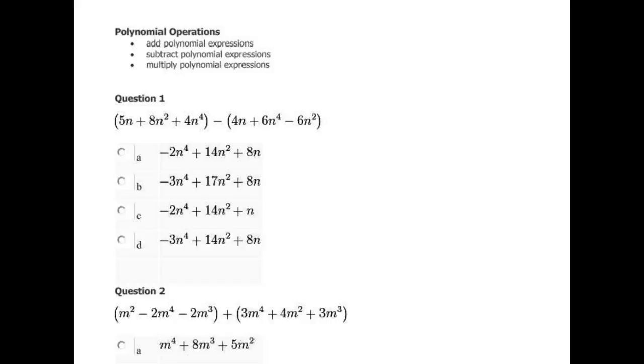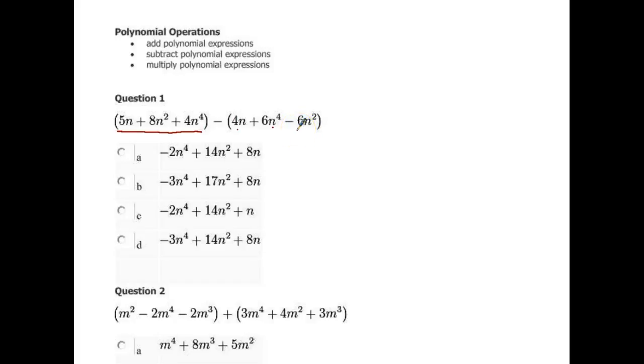You have 5n plus 8n squared plus 4n to the power 4 minus 4n plus 6n to the 4th minus 6n squared. This is just like saying you have this polynomial minus 4n minus 6n to the 4th plus 6n squared, or minus 6n squared.